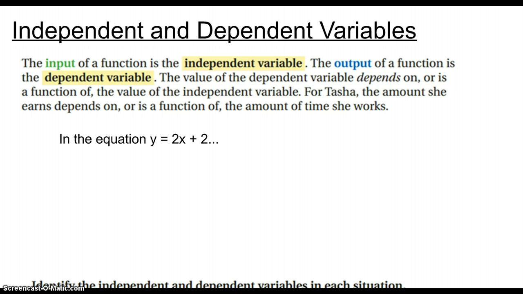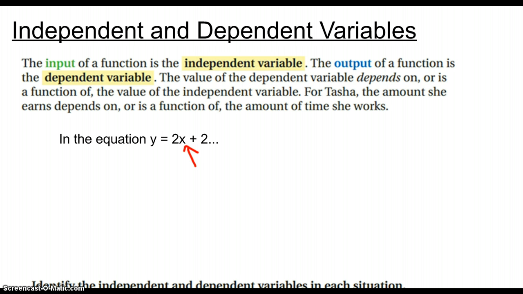So if we go back to the Tasha example, the babysitter, the amount she earned depends on, or is a function of, the amount of time she works. So if we look at just a normal equation, we can easily pick out what the independent and dependent variables are.